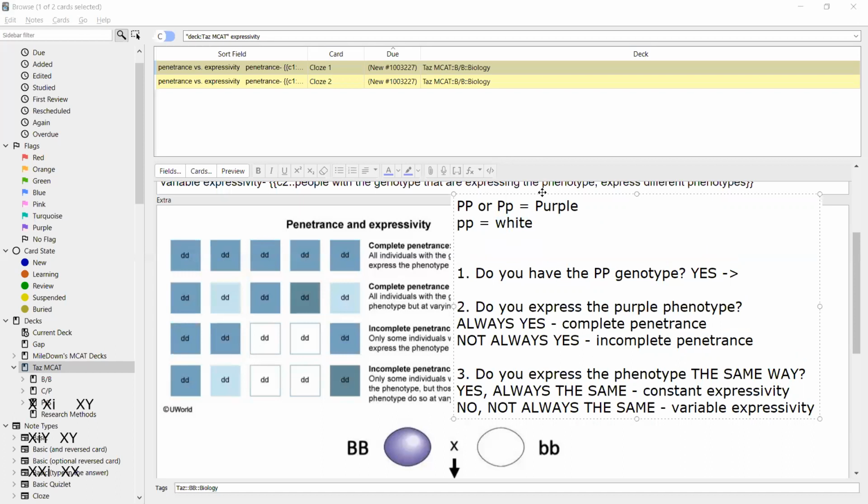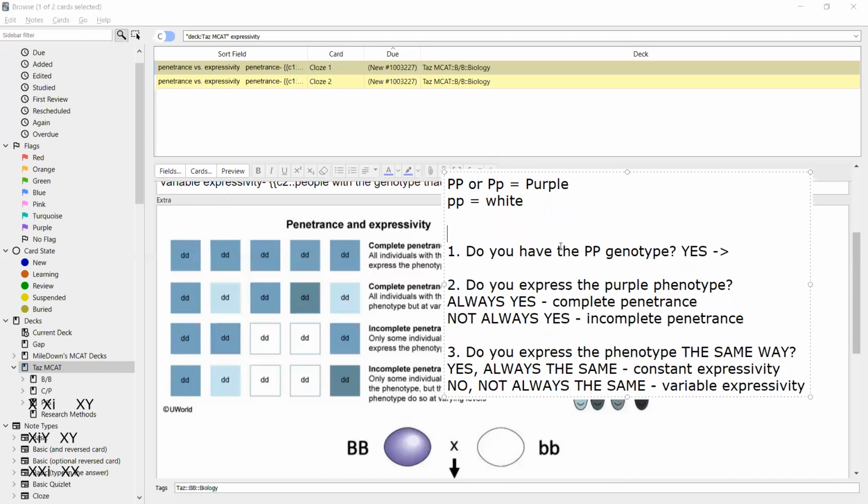So I'm saying that if you have a specific genotype, are you always expressing that specific phenotype? I think I might have switched it up. If you have the genotype, do you express that phenotype? If you always express that phenotype, then the big P has complete penetrance.